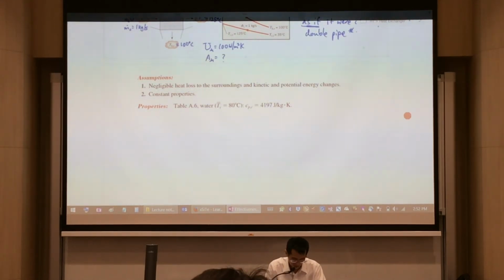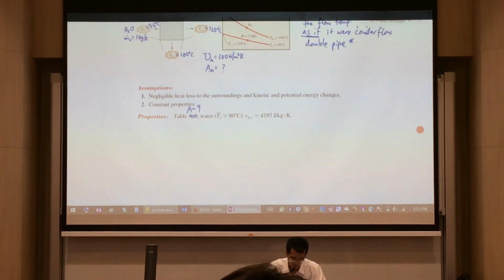We're going to start by looking at the fluid property table. In Holman, you'll be referring to table 8-9, the water table. We always need to find the film temperature.